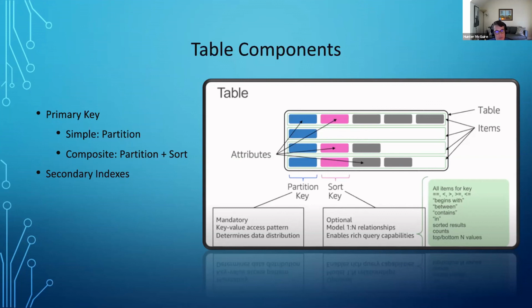So that's pretty cool. What's mandatory is you have to have a partition key in each item. With that, you're pretty much saying you can access that one item at a time, and that's a simple primary key. Now, if you add a sort key, it's called a composite key. When you add that, that's when you get your one-to-many relationships and query capabilities.